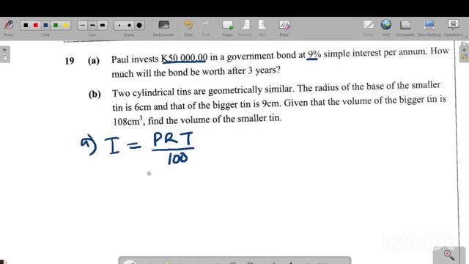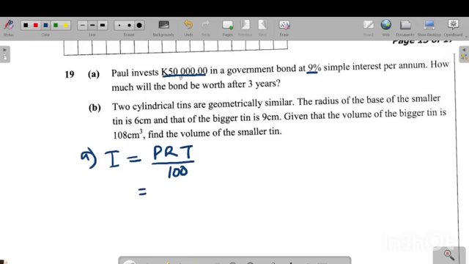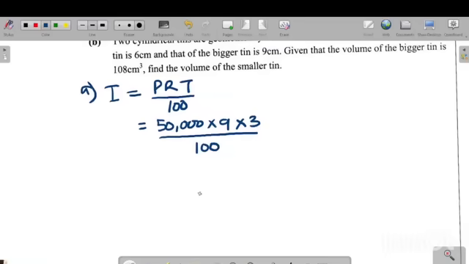All right, so the principal is the amount that is being invested. Okay, so we're going to have 50,000 times the rate is 9, so just write 9, because in the formula we already have 100. Okay, times time we've been given 3 years, so times 3, then everything divided by 100.